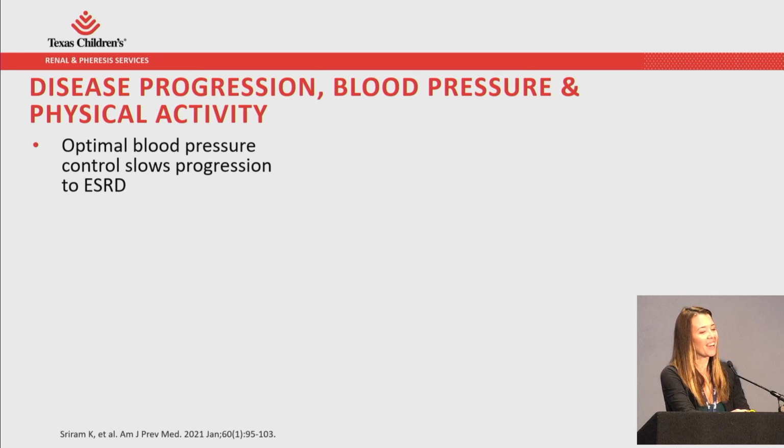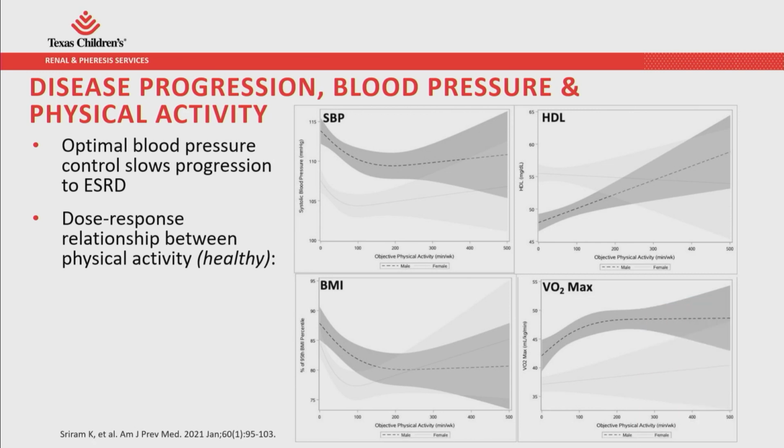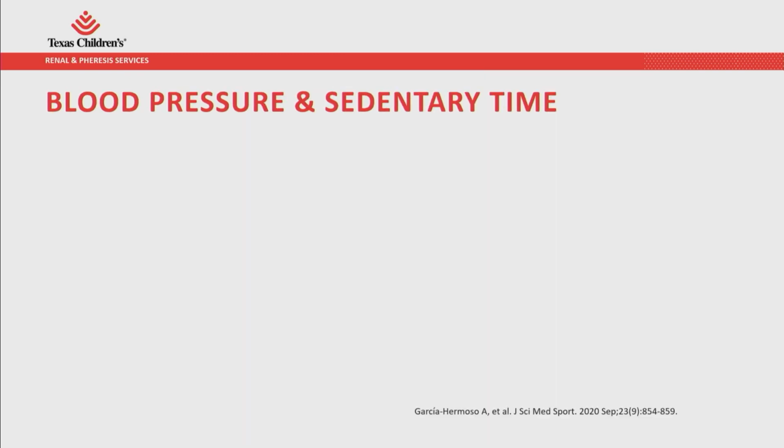This is a study of almost 10,000 healthy adolescents, and it was observed that there's basically a dose-response relationship between moderate to vigorous physical activity time spent, which is your x-axis, and systolic blood pressure control, HDL, BMI, and VO2 max, which is your cardiorespiratory fitness. So it's possible that moderate to vigorous physical activity could have a moderating effect on blood pressure control and therefore hold importance in disease progression.